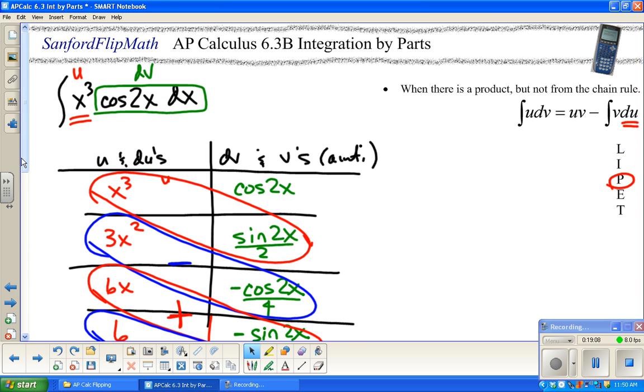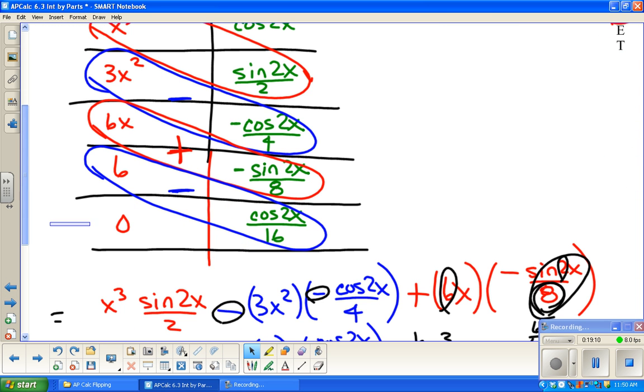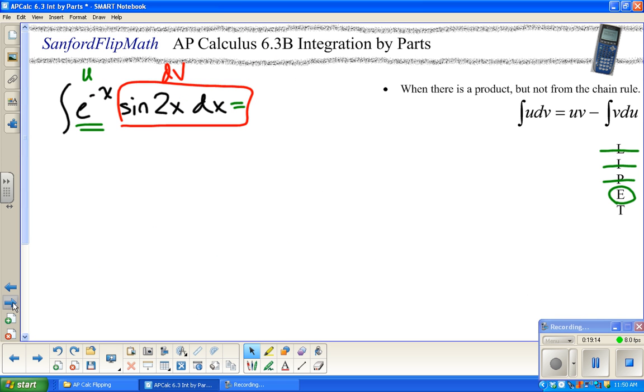You know, like when we were looking at this tabular form, the derivatives end up going away here. Whereas with this, that's not going to work. And sine, when I do the antiderivative of sine, it becomes negative cosine, and I do the antiderivative of that, that's going to be sine. So that's not going to go away. So the hope is that a miracle happens. So let's go looking for our miracle.